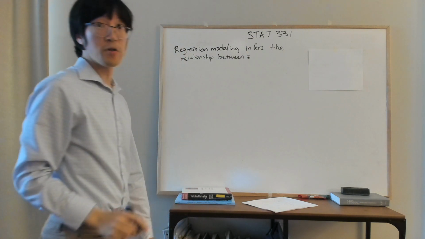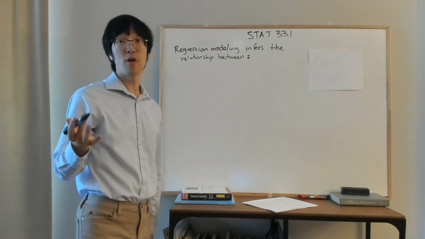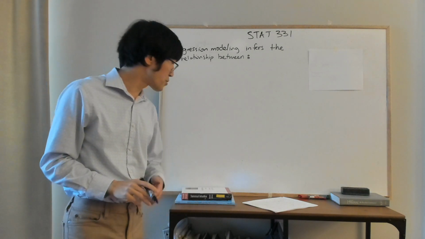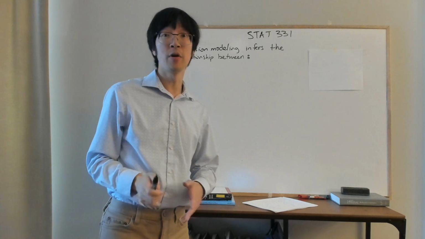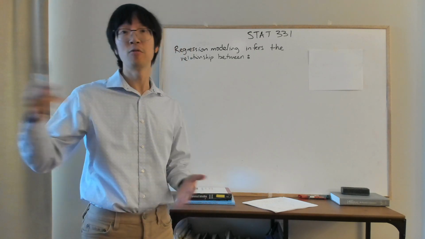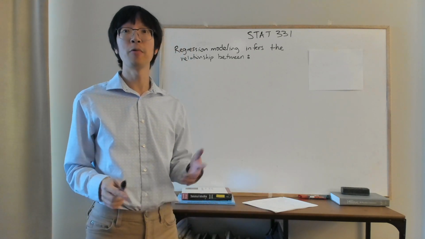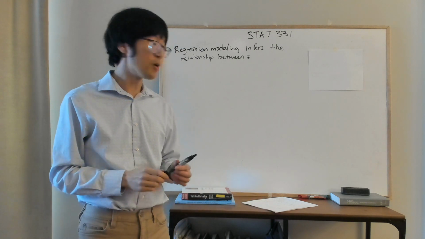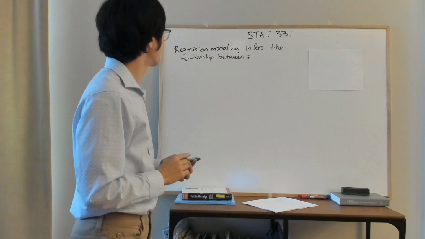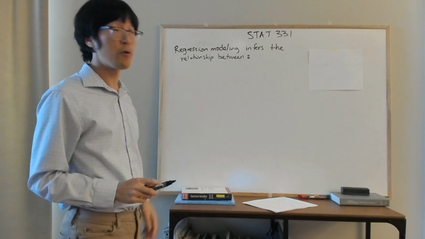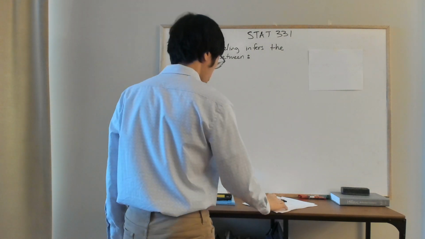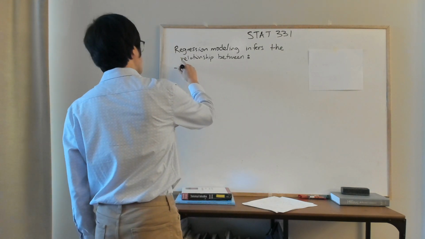When we do regression modeling, we often have one variable that's of primary interest. So this might be the quantity that we want to understand, how it's related to the other variables, or we might want to do prediction. In either case, the math is the same. We call this variable of primary interest our response variable.